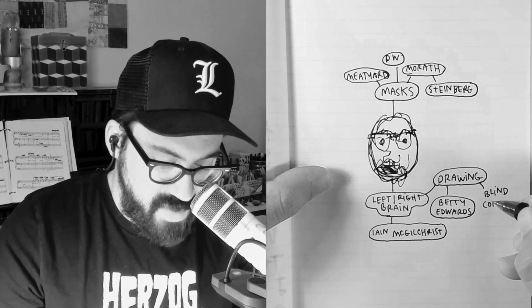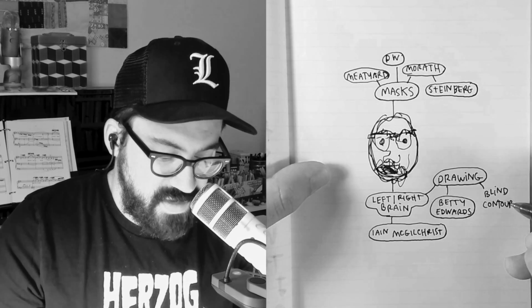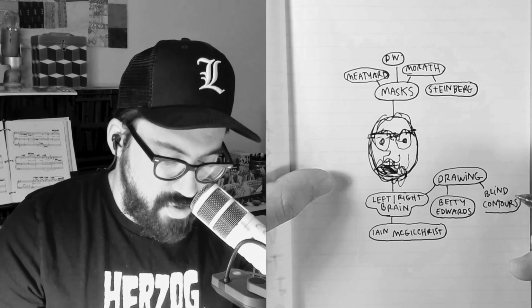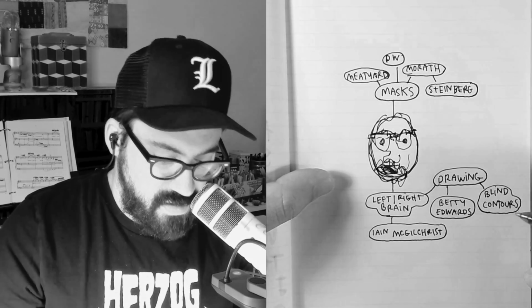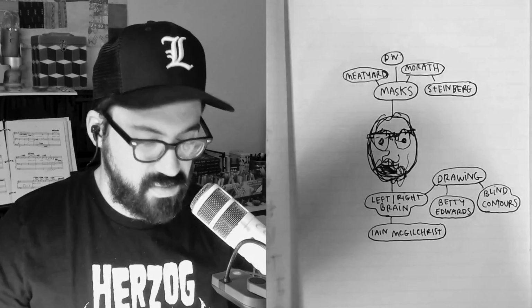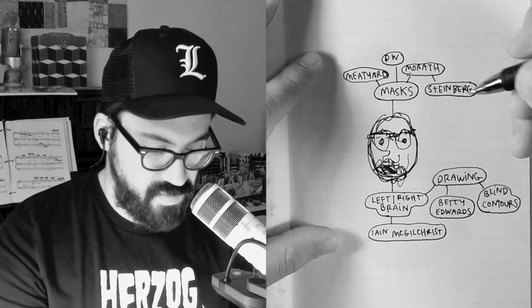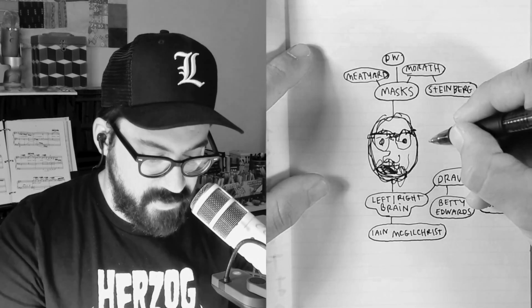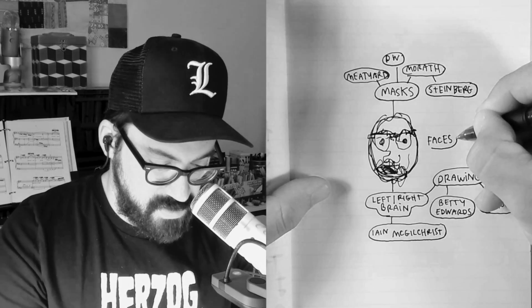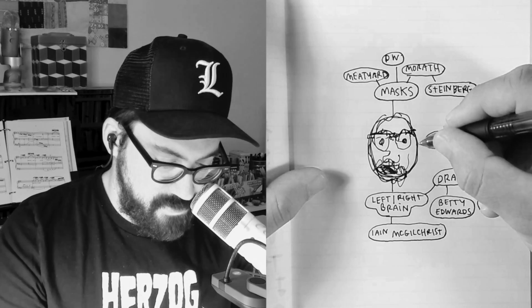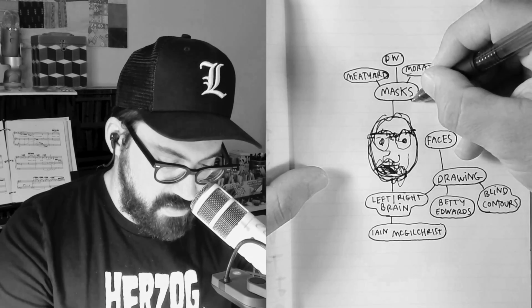And there's something about having the list broken out into space that all of a sudden you can start to see connections. So in between the masks and the drawing, I've been thinking about faces and expressions. So I'm going to put that in there and connect these two.